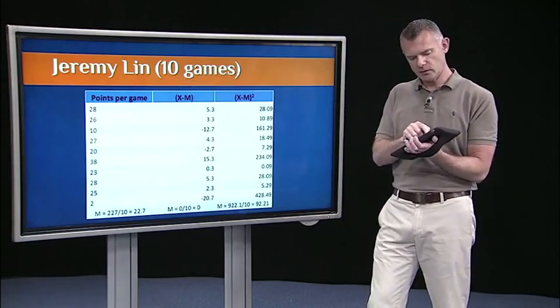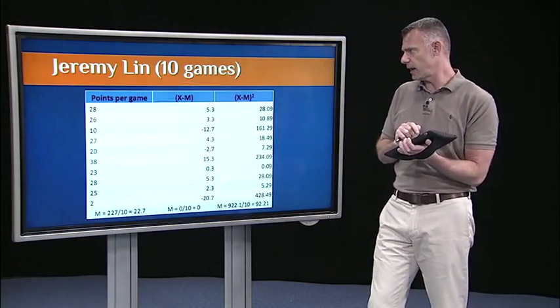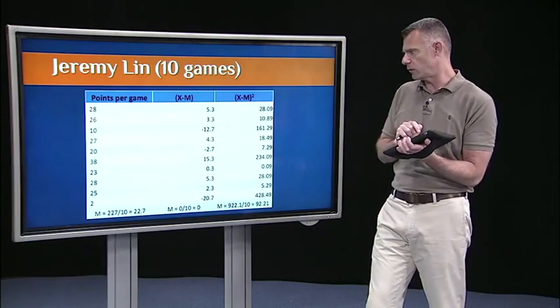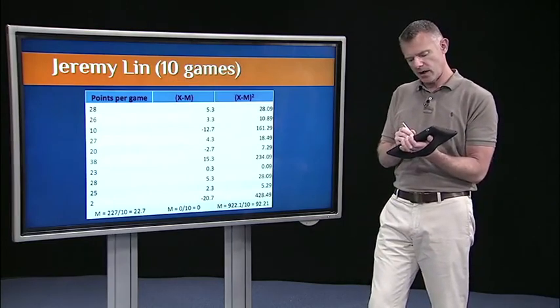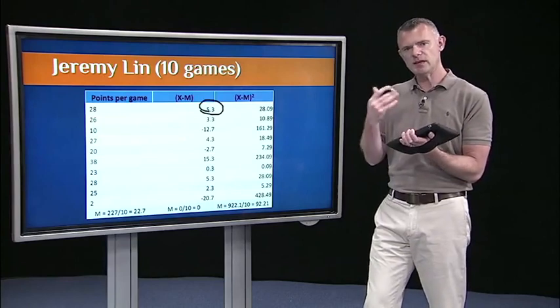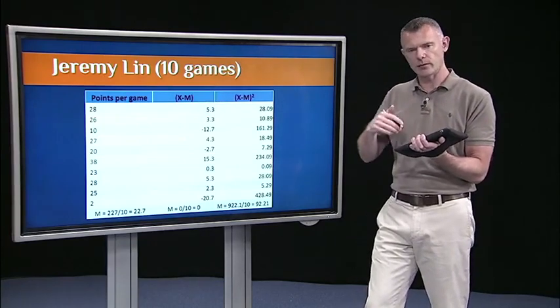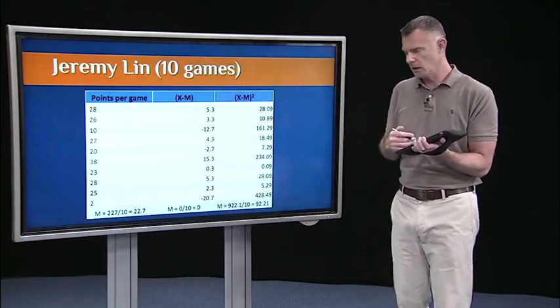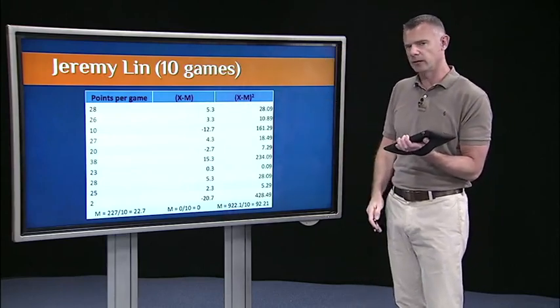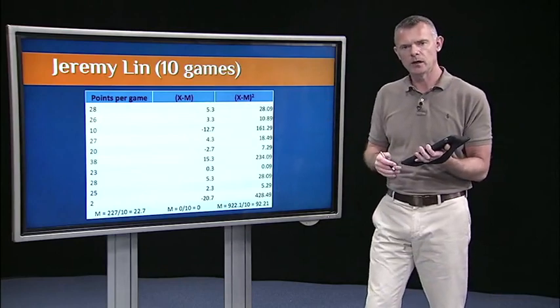So in this first row, I can take 28 and subtract his average, 22.7, and I get 5.3. So he was deviating from his average by about 5.3. He was 5.3 above average that night. And so on, I can calculate each deviation score.